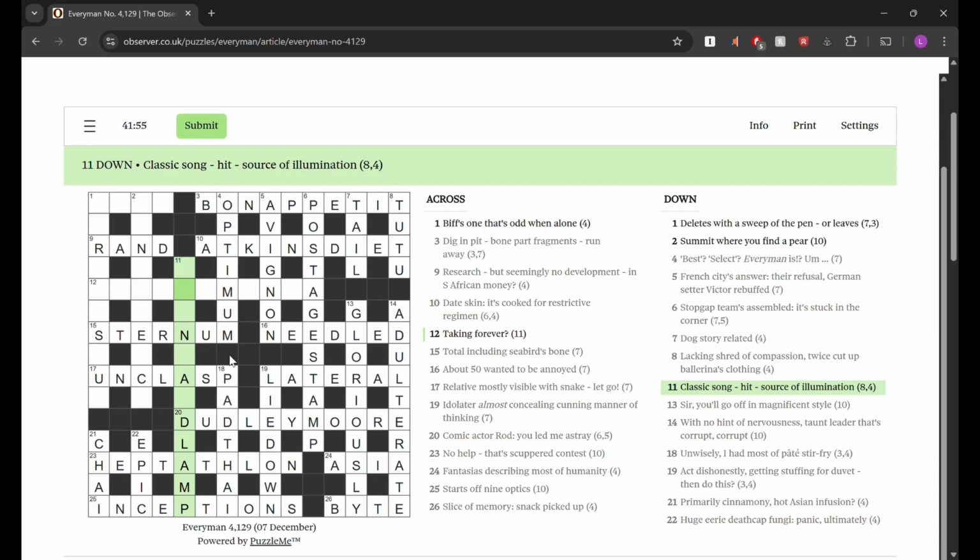Classic song like an oldie. Like a handheld lamp now. Have to get one of those. One of these, just one.